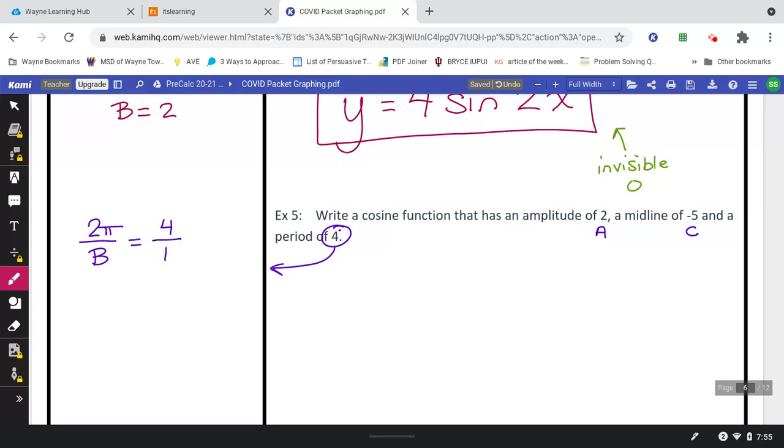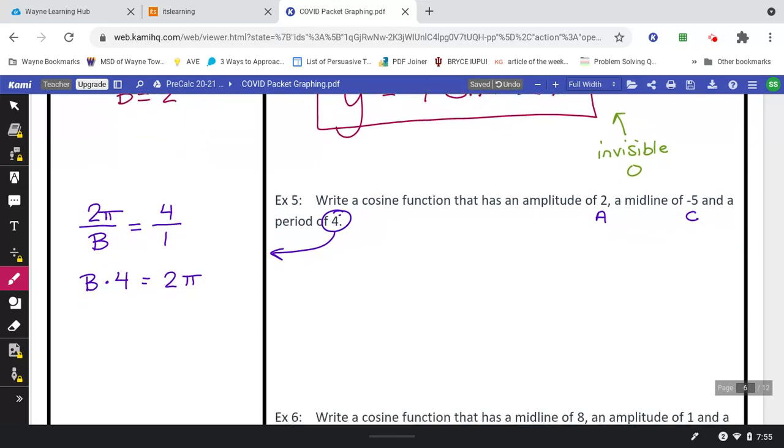And 4 is a whole number, so I'll put it over 1. Cross multiply. And all the other problems so far have had a pi in it that we were able to cancel out. This one does not. So the pi is just going to stay there, and we're going to divide by the 4 to get the b by itself.